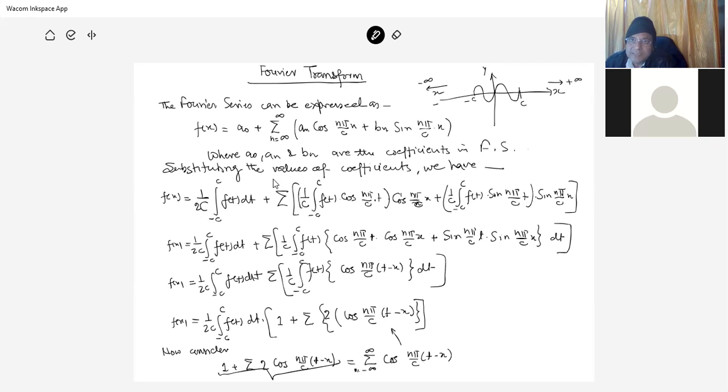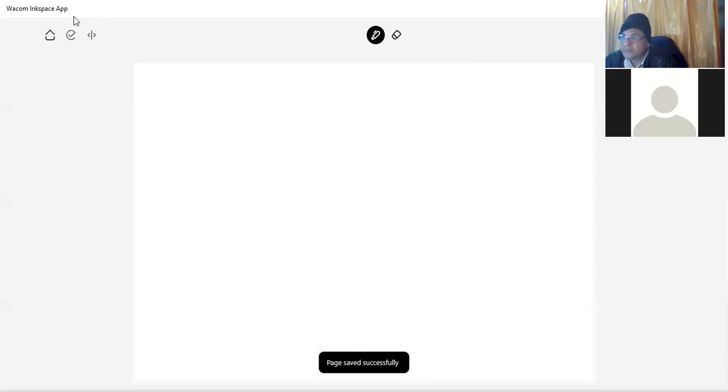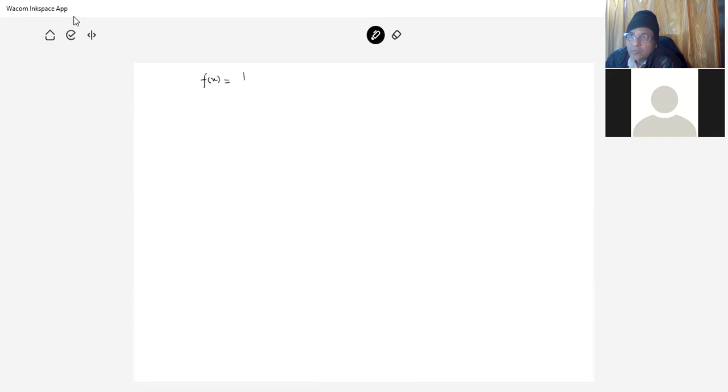So we have, let us see the next page. So this f of x is 1 by 2c integral from minus c to plus c of f of t dt into the summation from n equal to minus infinity to plus infinity of cos(n pi by c (t minus x)). We have this expression.